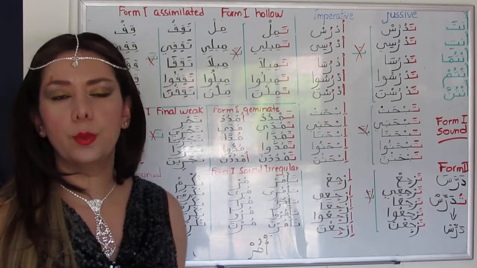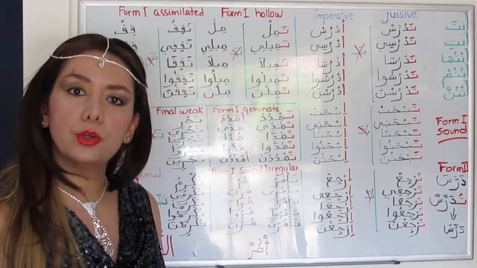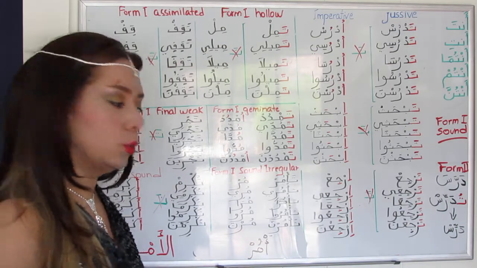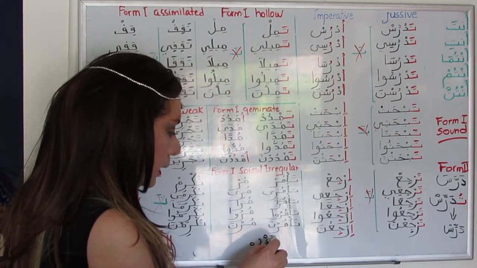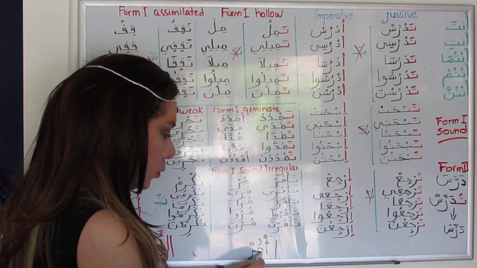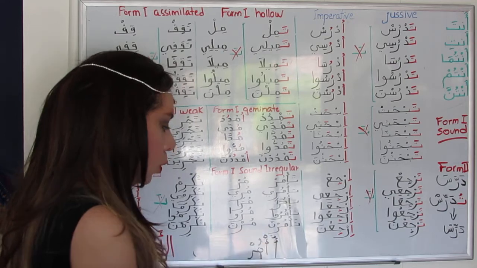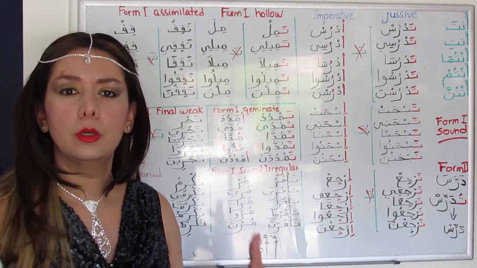We know that we cannot start a word with sukun. And we have a sukun. When it's the case, what do we do? We add another hamza, and we check the middle vowel of the stem, which is o. Amor. That is so hard to pronounce.